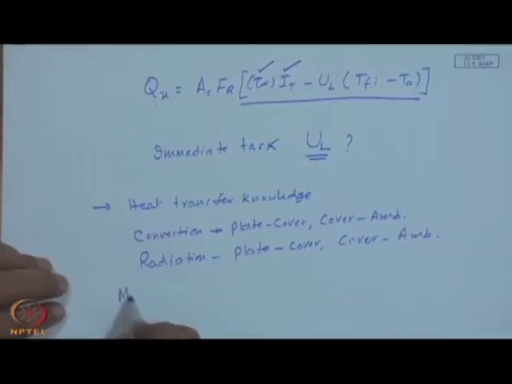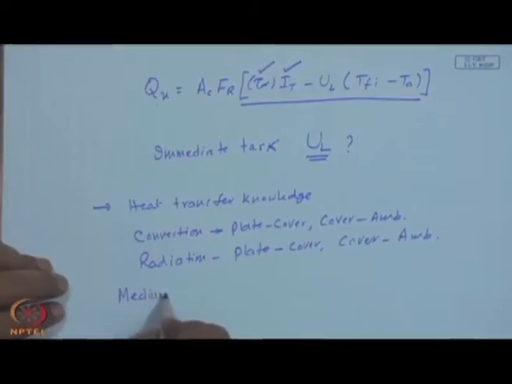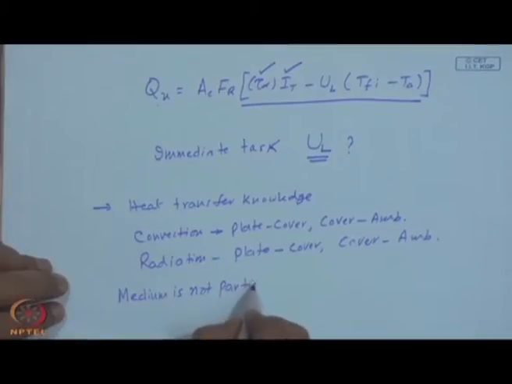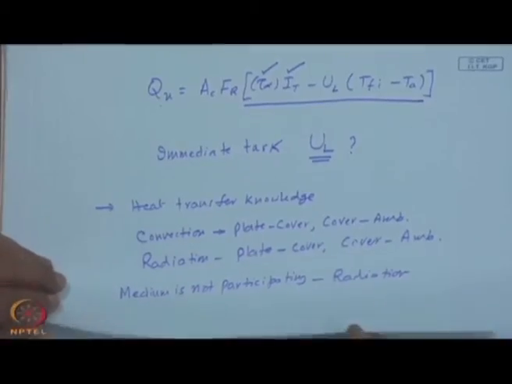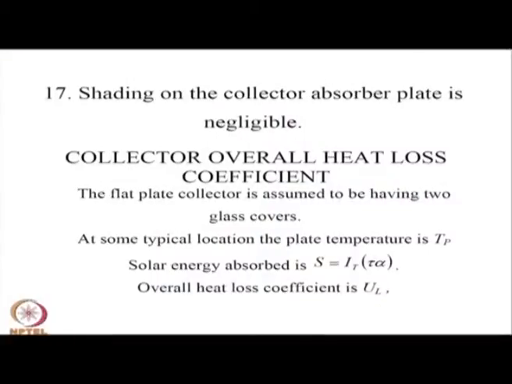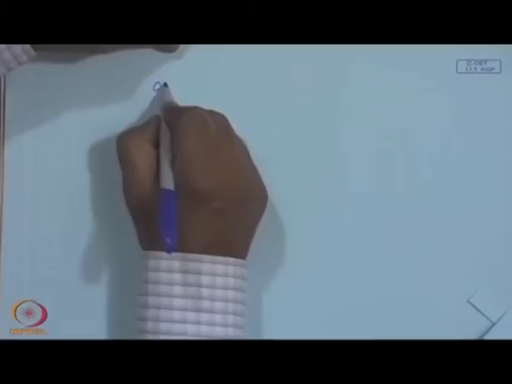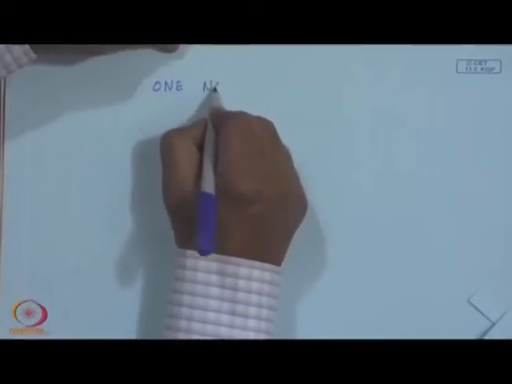And if you assume that the medium is not participating for radiation transfer, we can deal with the Stefan-Boltzmann law applied between two surfaces at temperatures T 1 and T 2 or whatever the temperatures are. So, now this is a one node analysis.